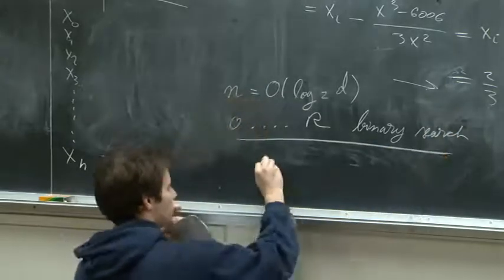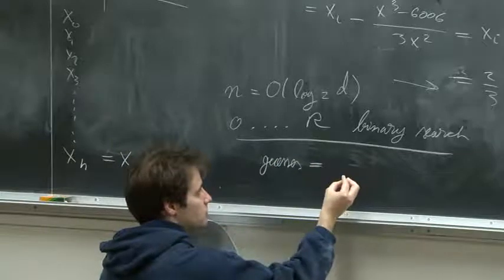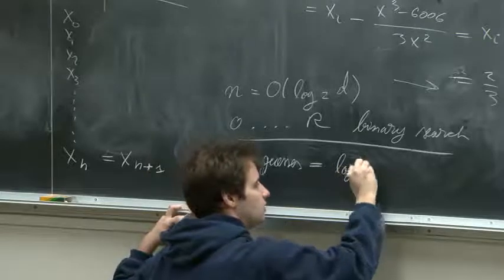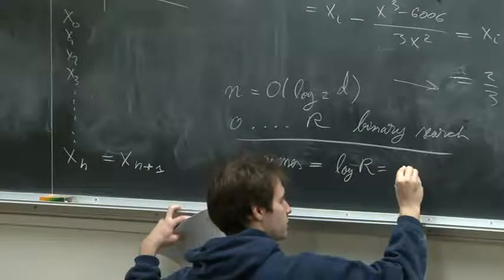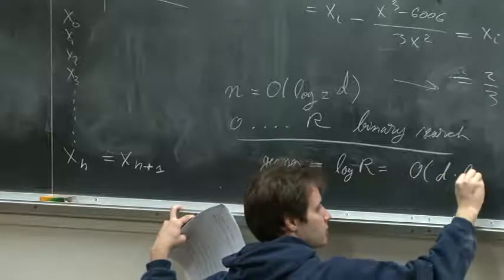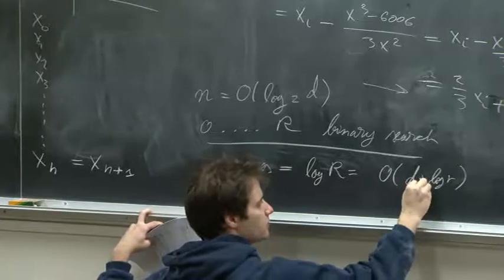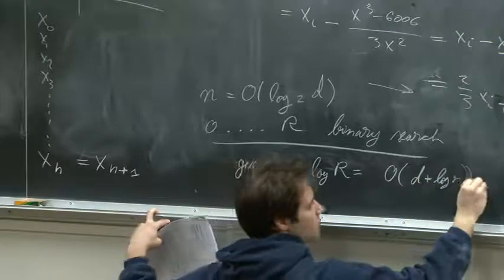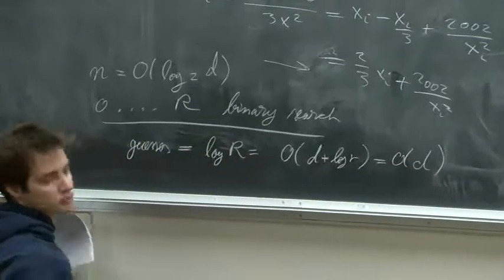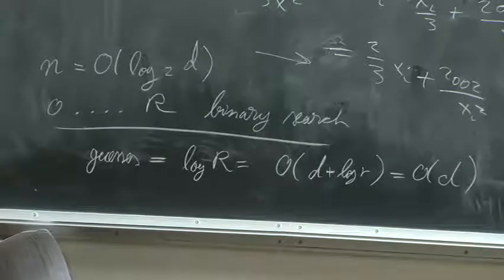Okay, so the number of guesses is log big R, and then someone was one step ahead and said it's order of d times log little r, or I think it's d plus log little r. So this is order of d. Does this make sense for everyone?